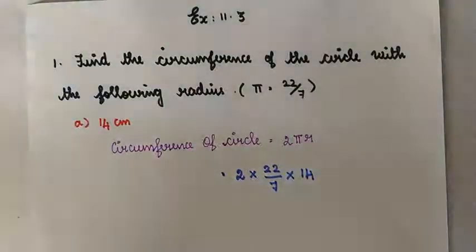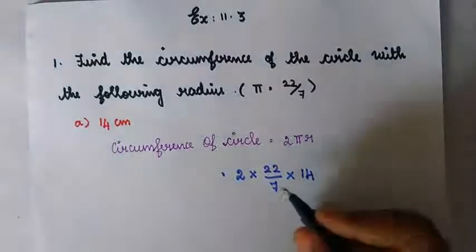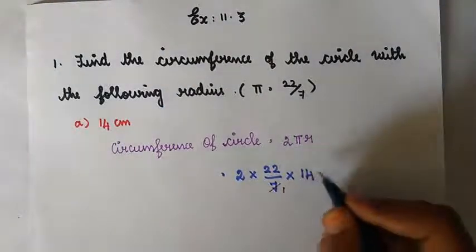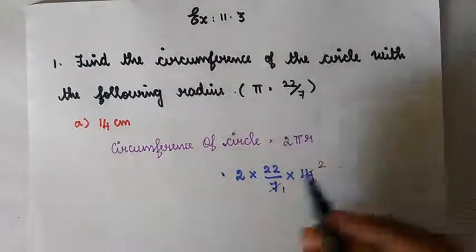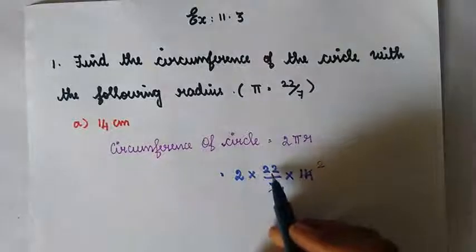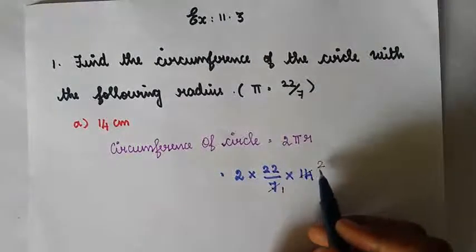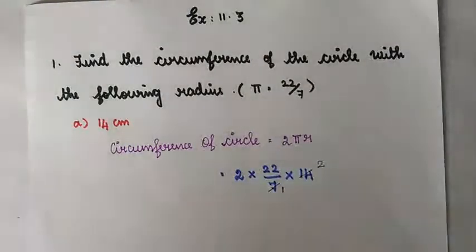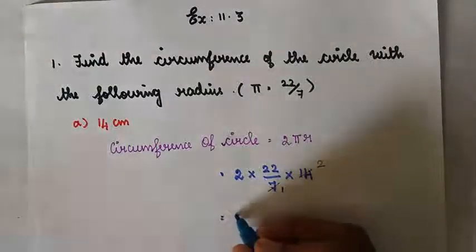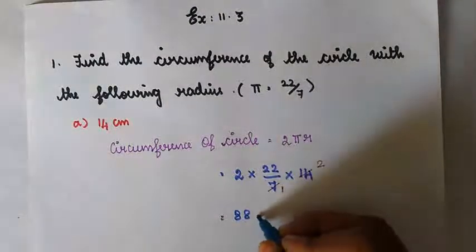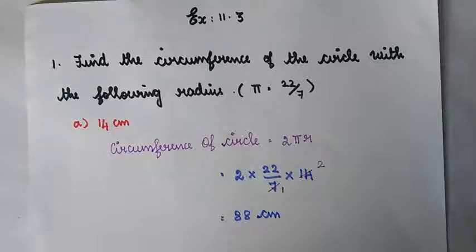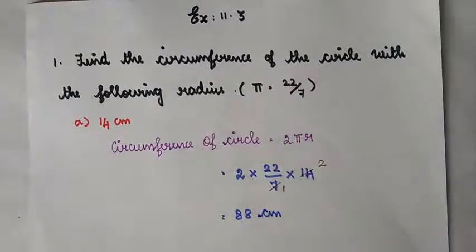Next we have to reduce. We have to cancel in 7 table, 1 sevens are 7, 2 sevens are 14. So 2 22s are 44, 44 2s are 88. 88 centimeter. So therefore circumference of circle is 88 centimeter in this first subdivision.